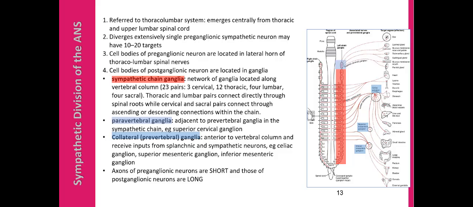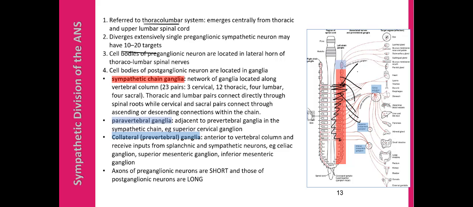When we look at the sympathetic division of the autonomic nervous system, what we can see here is that it's referred to as the thoracolumbar system because the cell bodies of the preganglionic neuron emerge from the thoracic and lumbar parts of the spinal cord. What happens is that these neurons diverge, so they go to different places to have 10 to 20 different targets.